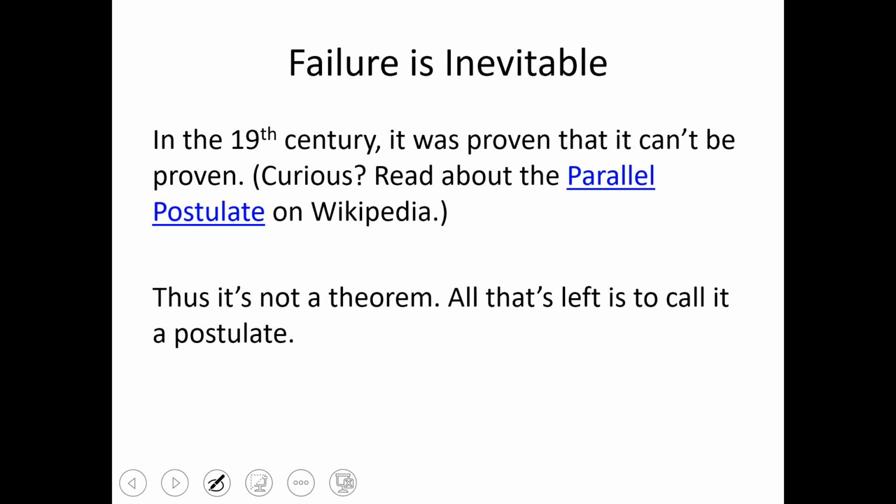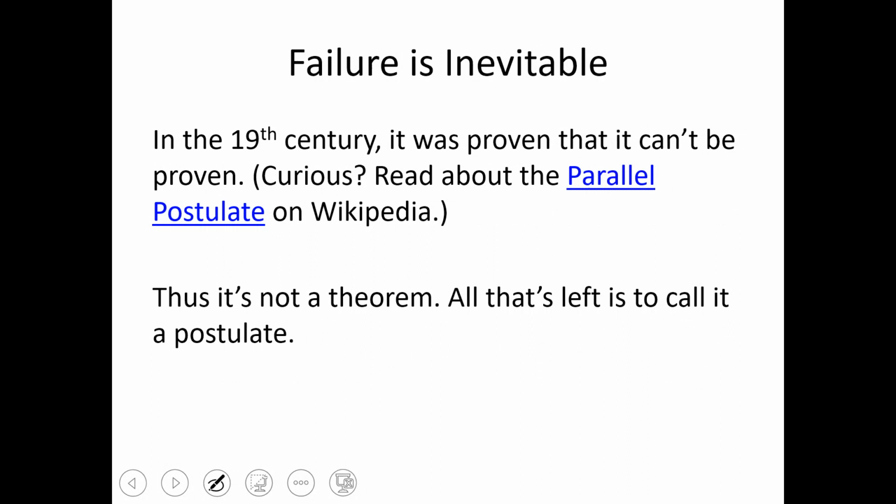If you're curious about the history of this, the story about why they wanted this to have the status of a theorem, the various attempts to prove it, and how those attempts were always unsuccessful, a good place to read about this is the Wikipedia article on the parallel postulate. Hopefully you don't have any prejudices against Wikipedia. It's an excellent source of mathematical information.